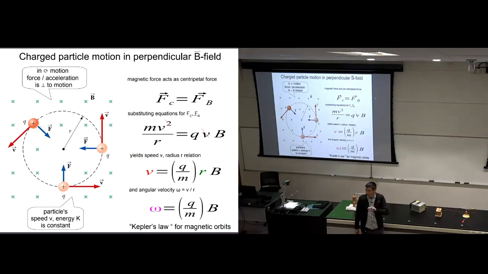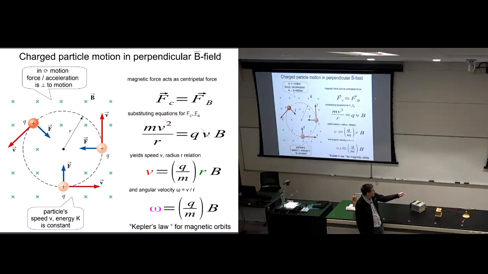I didn't write down the sine theta because it's sine of 90 degrees, which is 1. The 90 degrees is because the magnetic field and the velocity vectors are always perpendicular to one another in this picture. The field is into the screen. The velocity is always in the plane of the screen. So they're always, no matter where the particle is, at right angles. So the magnetic force is qvB.